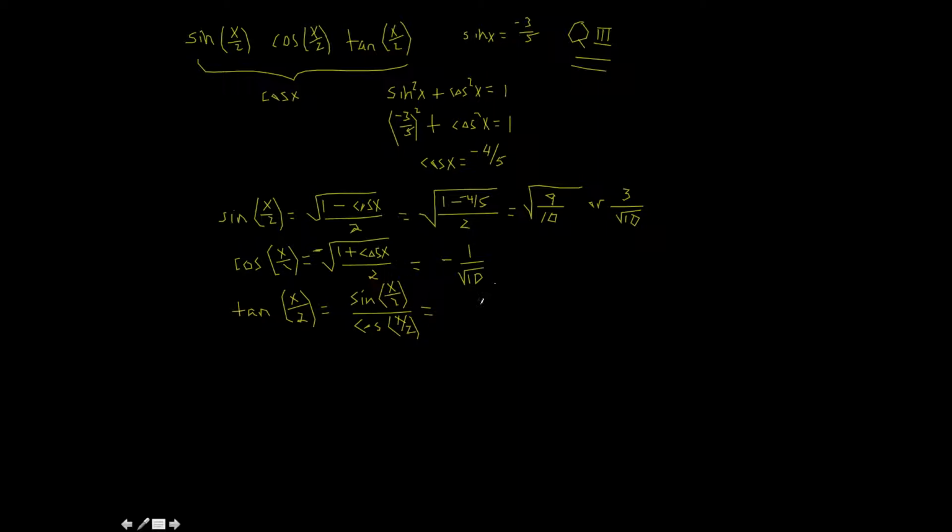So that's 3 over the square root of 10 times negative square root of 10 over 1. I just multiplied by the reciprocal there. So those two would cancel, and we just get negative 3 for our answer. Not all the time will you have to use those formulas that you're given.